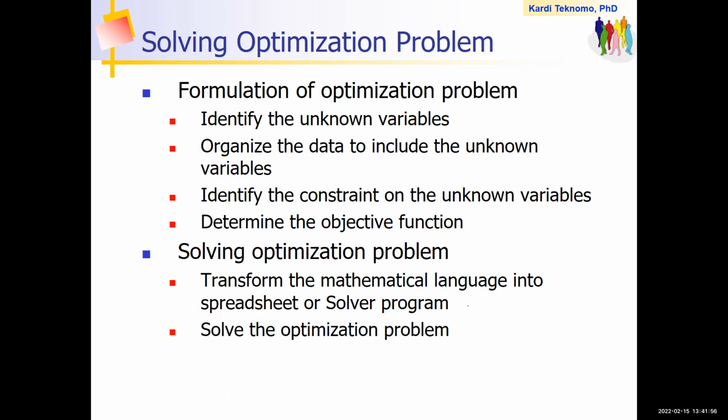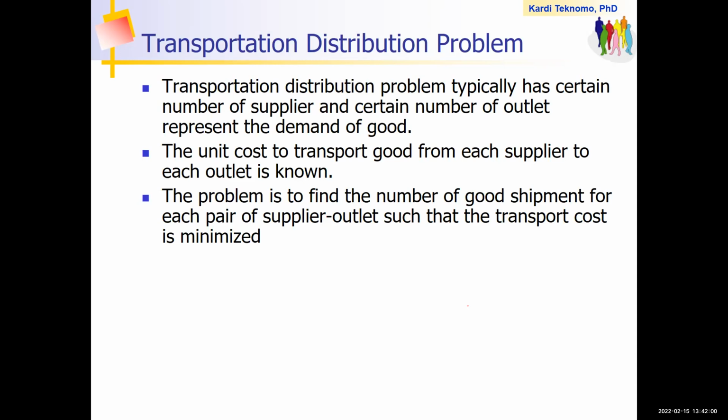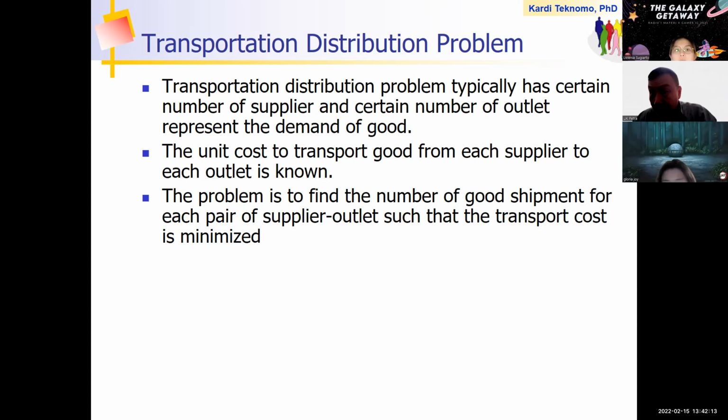Then you just solve the optimization problem using a computer. One problem often used in industrial engineering is called the transportation distribution problem. You learned this last semester, didn't you? Transportation problem, correct? Yes.